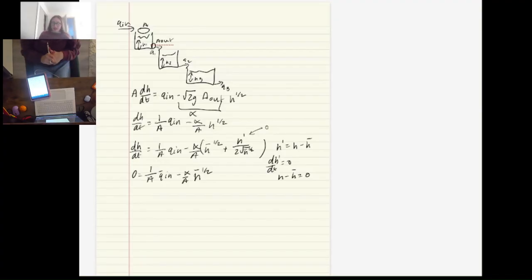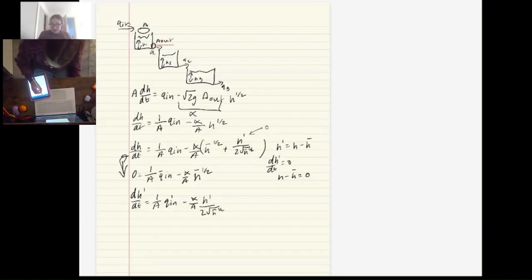Now we want to subtract these two together so that we can get our dH/dt prime, and then 1/A times Q minus our Q bar, so that's a Q prime in, minus alpha over A times h prime over 2 h bar to the 1/2.